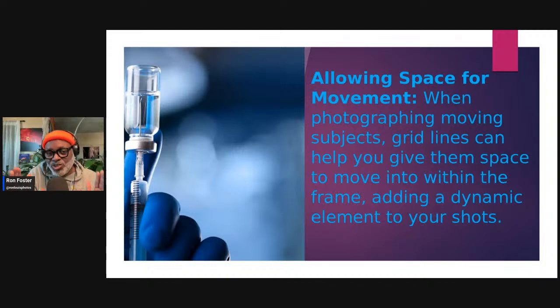If the dog is running, you want the dog to be closest to the direction it's coming from, and its nose pointing into a free two-thirds. That may have been a little complicated. Probably should have had some photos here, but if this was a dog going this direction, then this would be the dog here and all this free space there, if that makes sense.